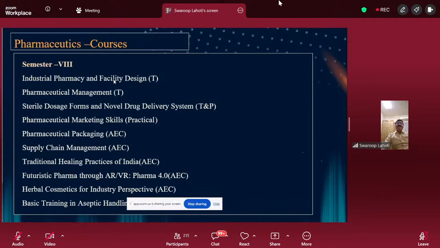How will the pharma industry be as pharma 4.0? So augmented reality and virtual reality used in pharmaceutical manufacturing is included as one of the electives, and the gist will be covered in this subject. Herbal cosmetics and basic training in aseptic handling are part of the vocational training included.